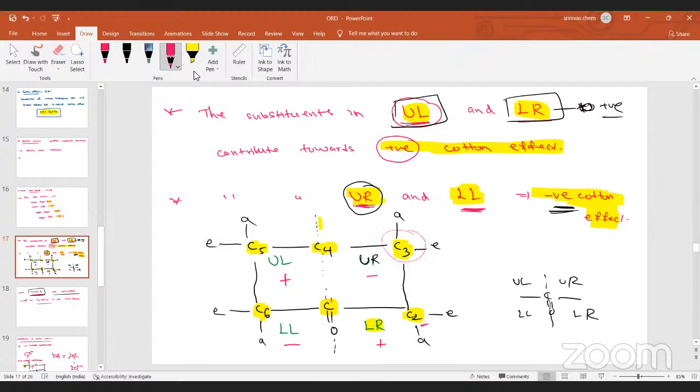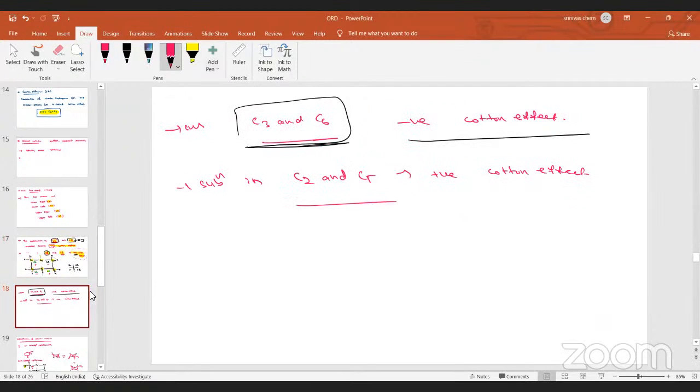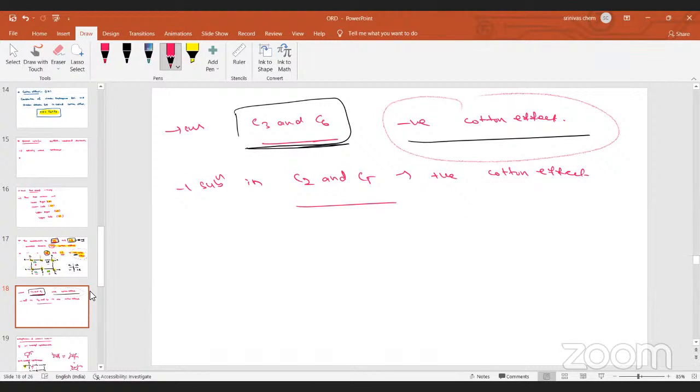C3 is upper right and C6 is lower left. Upper right and lower left give the negative Cotton effect. Therefore the substituents at C3 and C6 show a negative Cotton effect, and the substituents at C2 and C5 will show a positive Cotton effect.